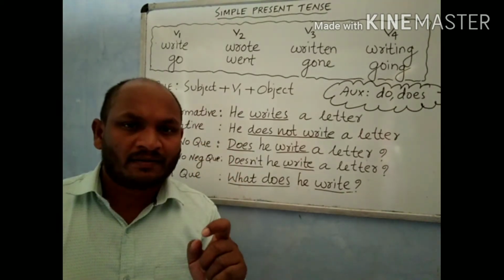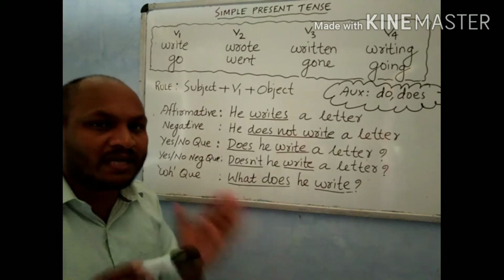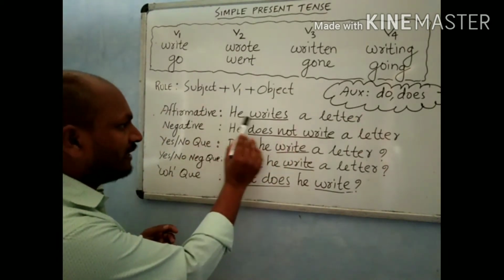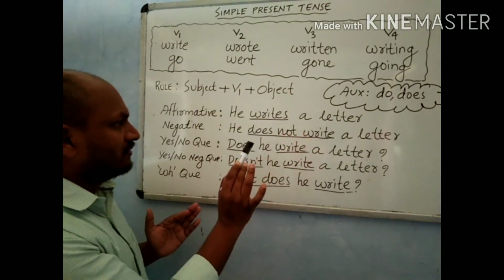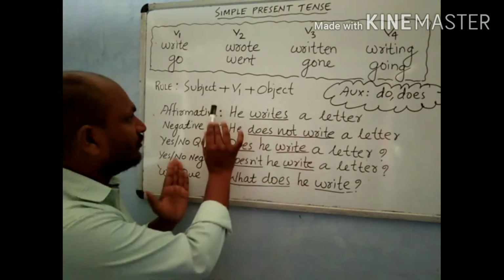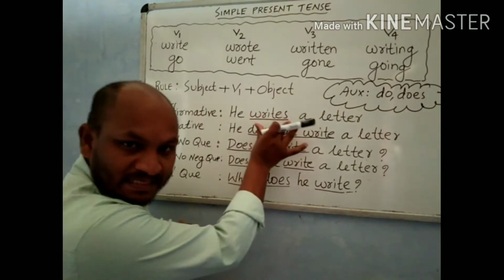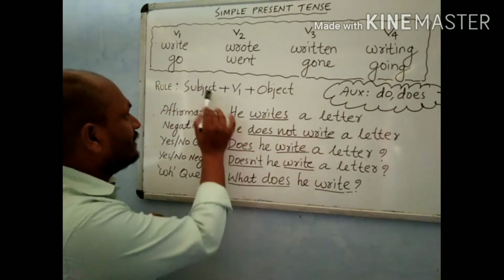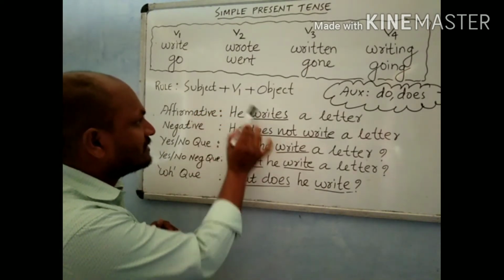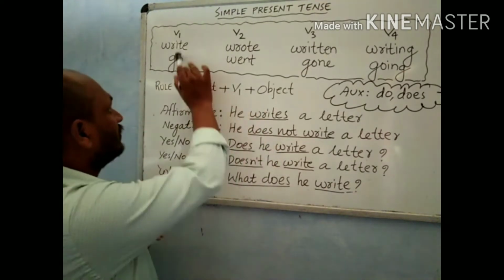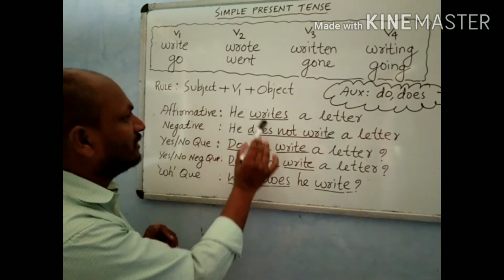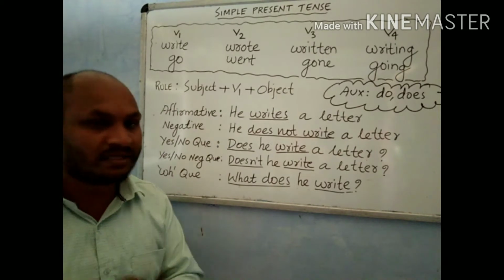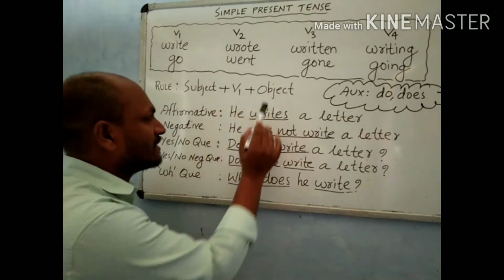Okay. Now we shall see an example I have prepared here. The example is, he writes a letter. We have followed the rule of simple present tense in this sentence. He is the subject, writes is the first form of the verb, write, and a letter is the object. So here we have followed the rule of simple present tense.